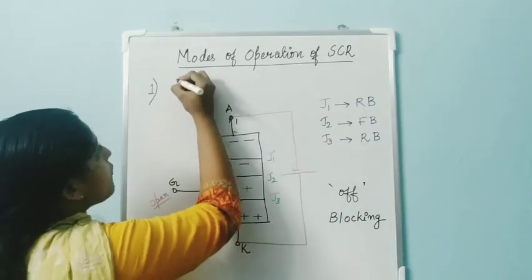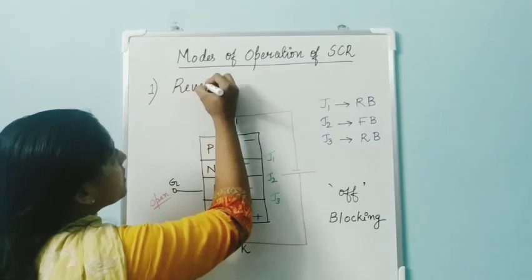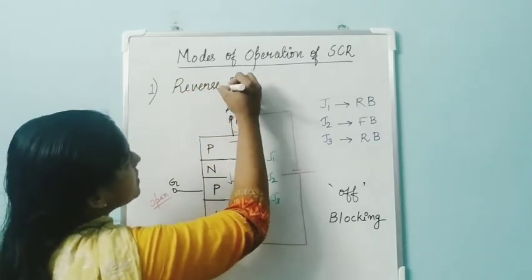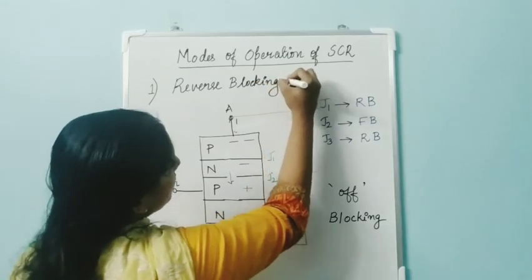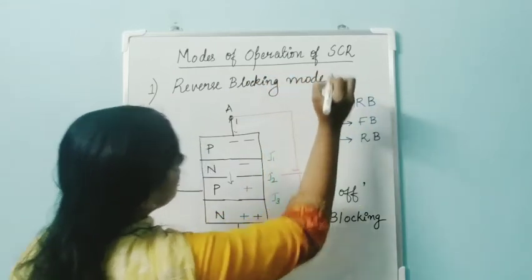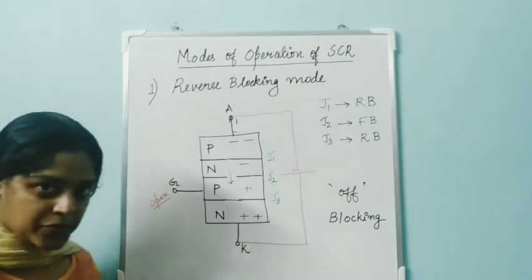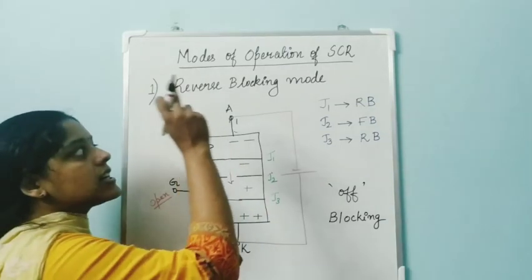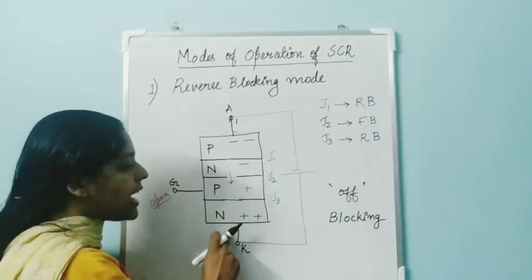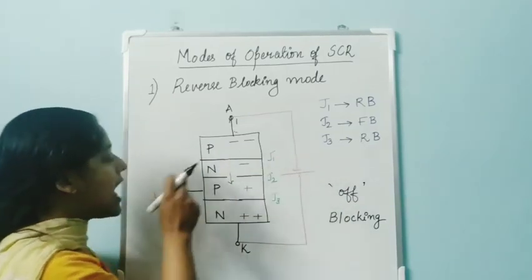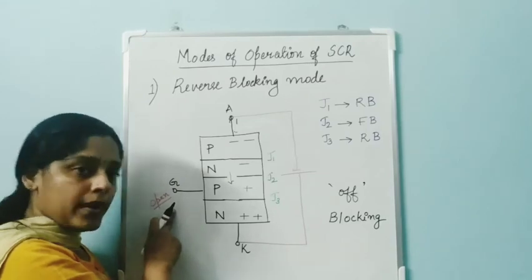So, this mode of operation is called reverse blocking mode. So I can say that under reverse blocking mode, anode is connected to the negative terminal, cathode is connected to the positive terminal, and gate is given open.